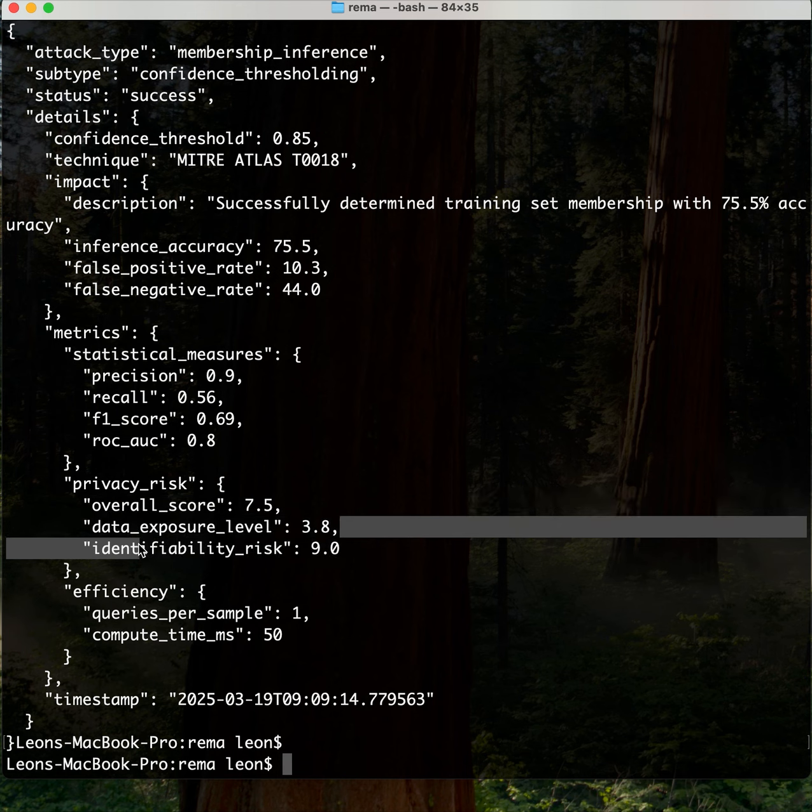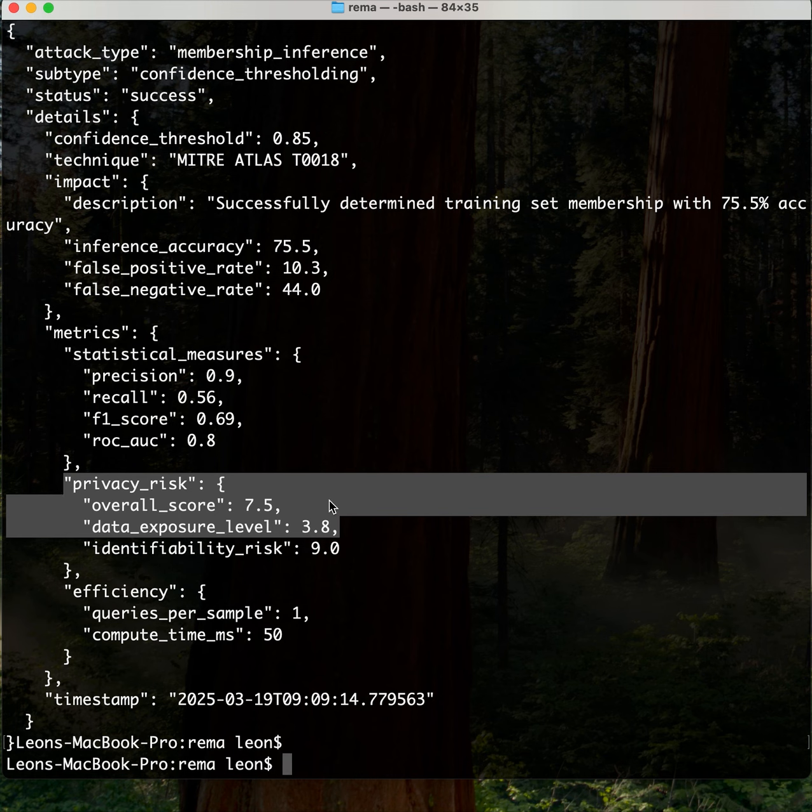Data exposure level, overall score on privacy risk, because we need to manage and merge things differently. So that means that we need to implement the different privacy techniques to focus on privacy, rather than just applying blanket protection that may degrade your model performance unnecessarily. And I have seen many organizations actually doing that, just for the sake of saying we've applied this cybersecurity control, but they're applying it in the wrong place and at the wrong time.